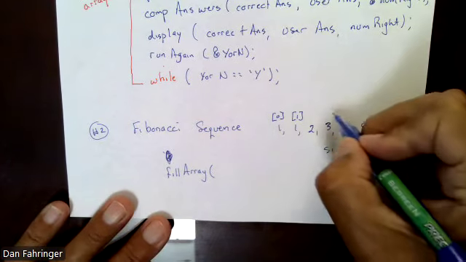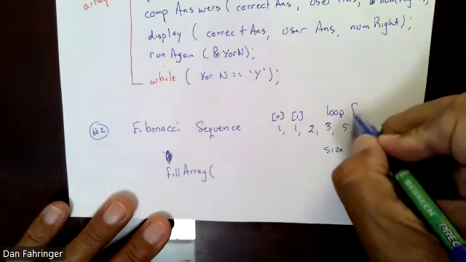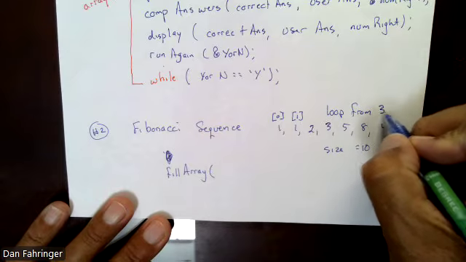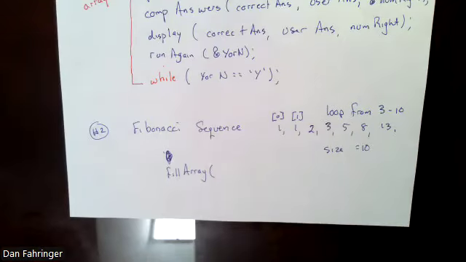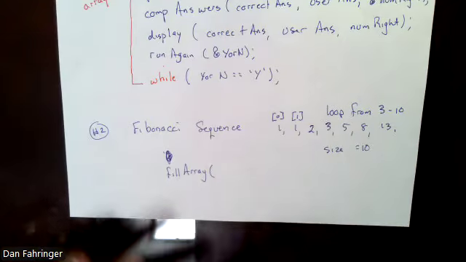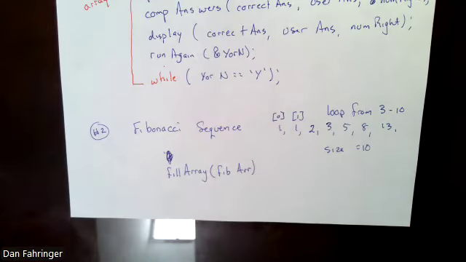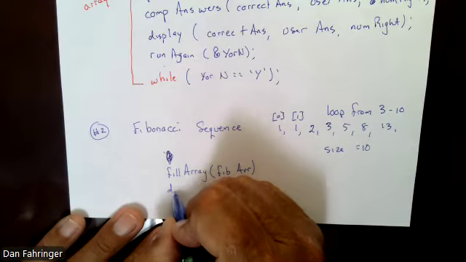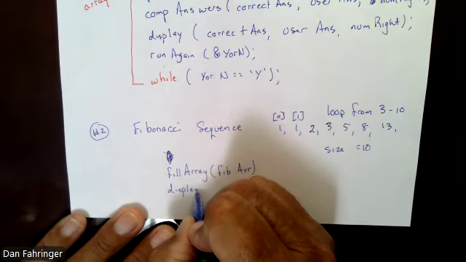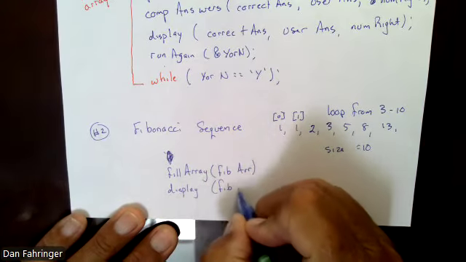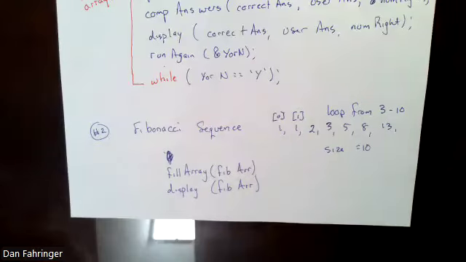Then we're going to have a loop from 3 to 10 to calculate the rest of those values. Okay? So we're going to call this Fibonacci array. Let's just do that, and then let's just display it. Keeping that nice and simple.